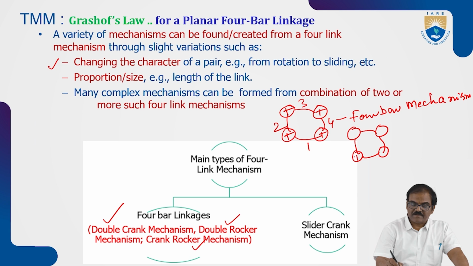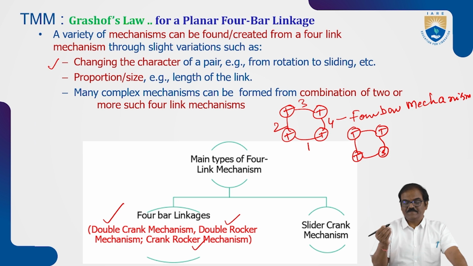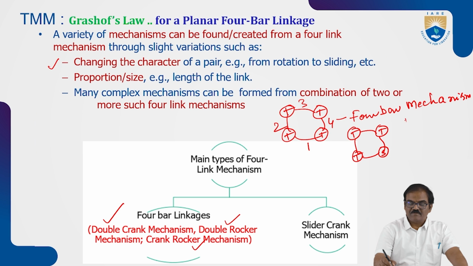This is turning, turning, turning, sliding or prismatic. So by changing the character, what happened? 1 to 2 turning, 2 to 3 turning, and 3 to 4 turning, 1 to 4 sliding.